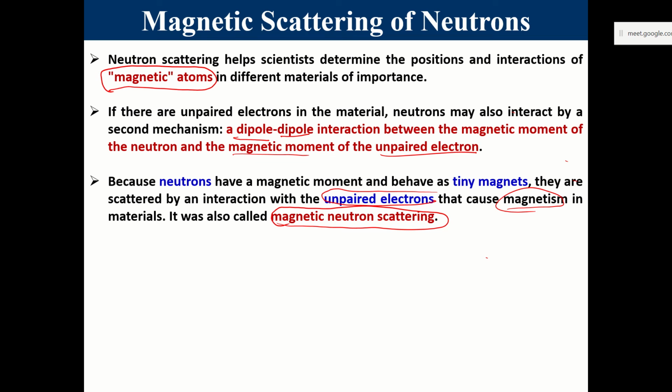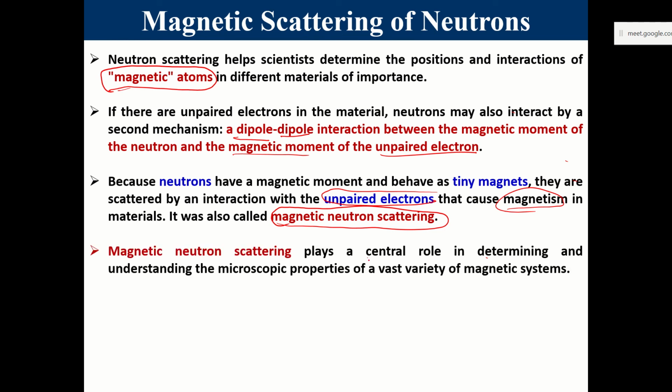So magnetic atoms can be located in a crystal, which you cannot do with X-ray diffraction or electron diffraction, but you can do with neutrons. So in addition to the crystal structure, you are also able to know about the magnetic properties of the crystal.